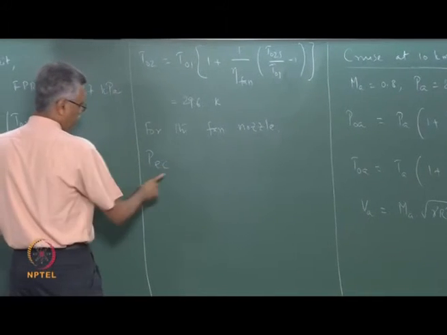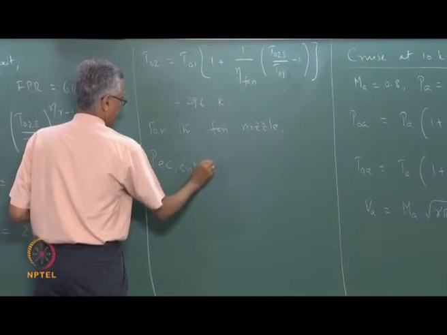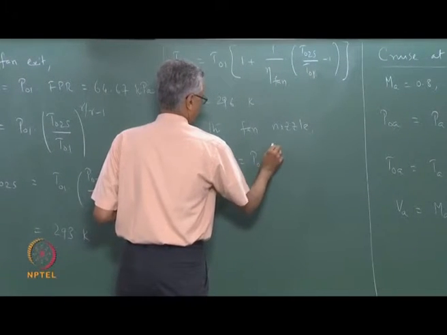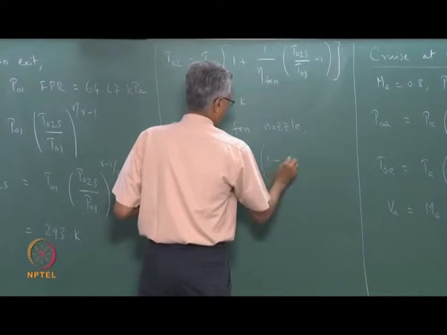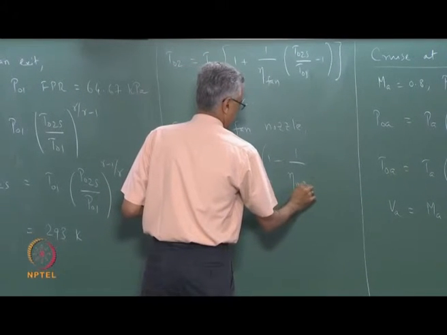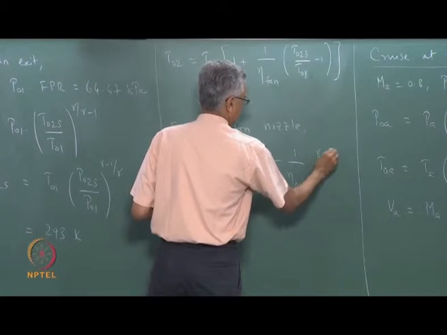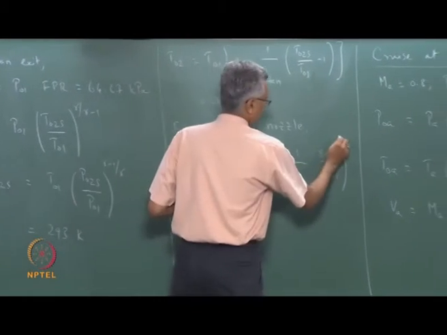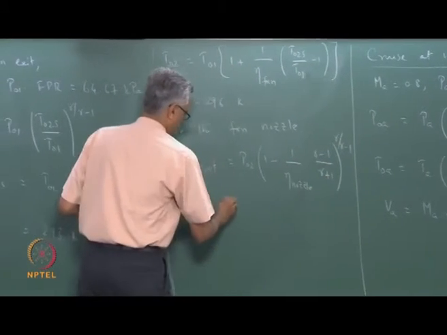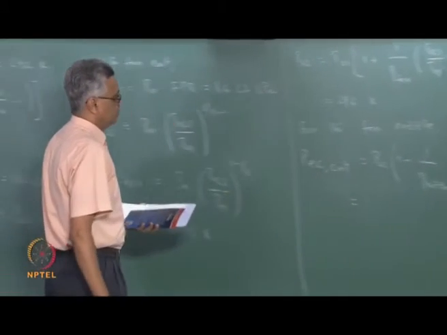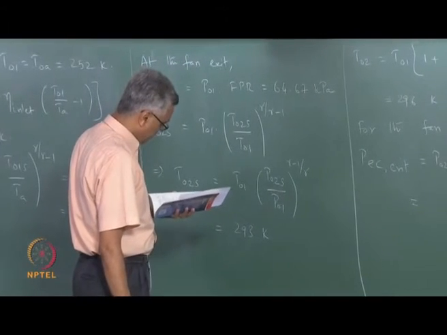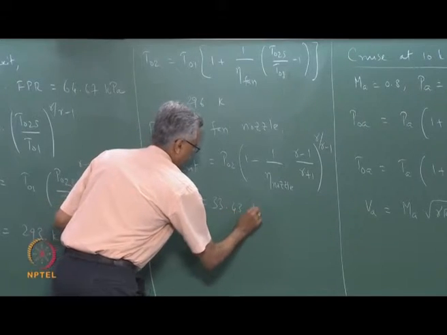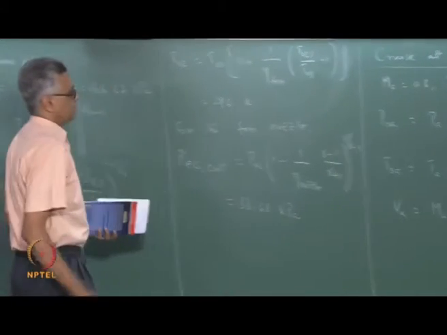PE critical for the cold nozzle is equal to P02 times 1 minus 1 over eta nozzle times (gamma minus 1 over gamma plus 1) raised to the power gamma over gamma minus 1. And if you substitute the values, we get the critical pressure to be 33.43 kilopascal.